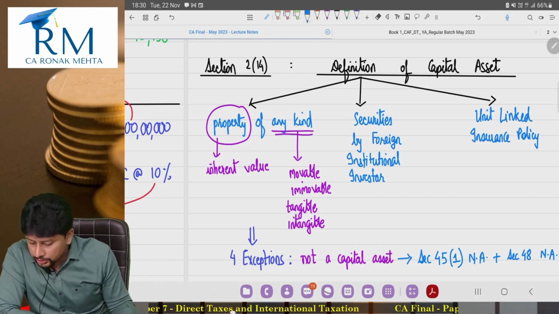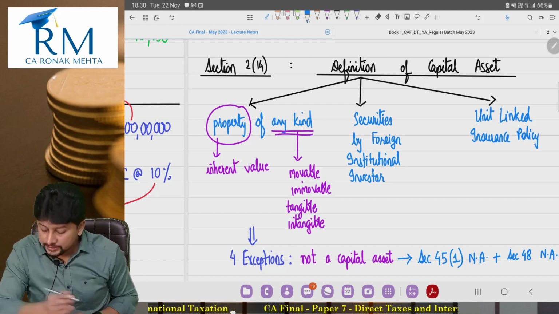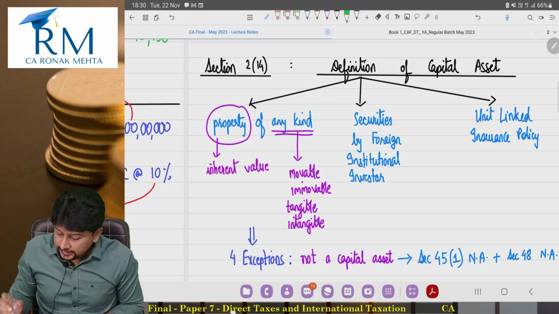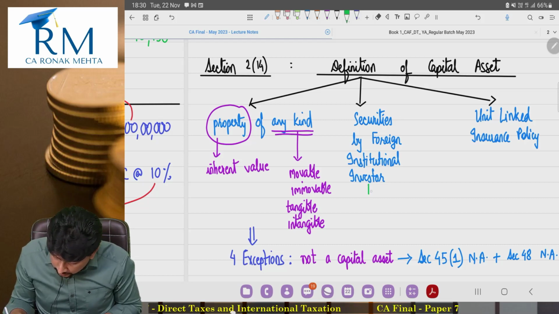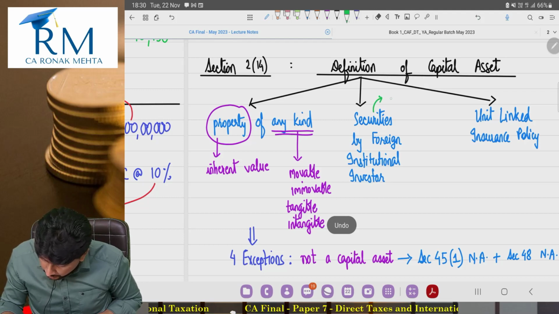Second part of the definition, securities held by foreign institutional investor. Remember, securities held by foreign institutional investor, these securities are always treated as a capital asset.